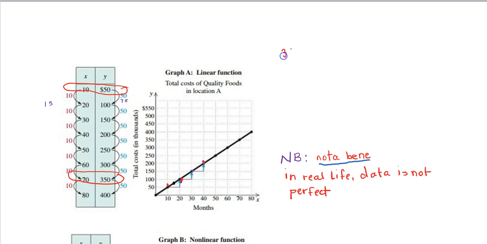I'm going to go with the 350 minus 50, right? Those are my y values. And now because I picked my 350, I have to go with 70 minus 10. So I have 300 divided by 60, which when I reduce that down is 5.